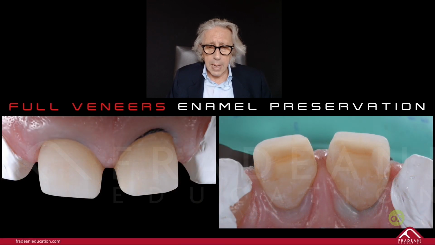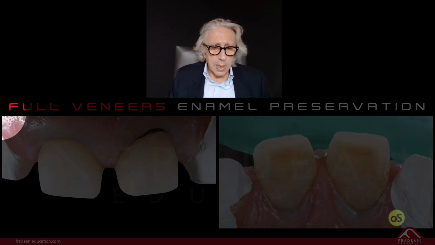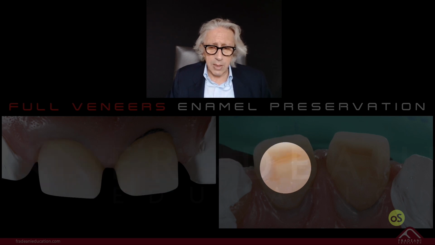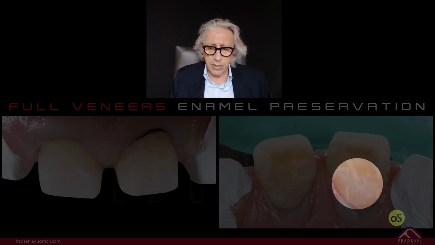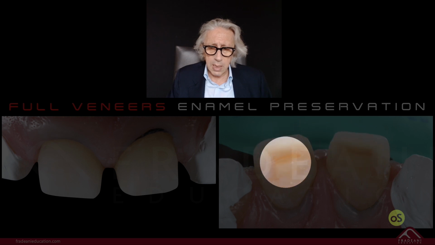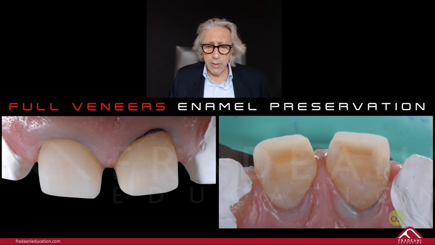So, enamel preservation, you see, the whitish appearance over here allows you to say that we have enamel 100%. We have also enamel here, some dentin in the middle, but a lot of enamel still present there. You can see that. So we have a very reliable final outcome. So we kept the margin there, and we kept enamel there.